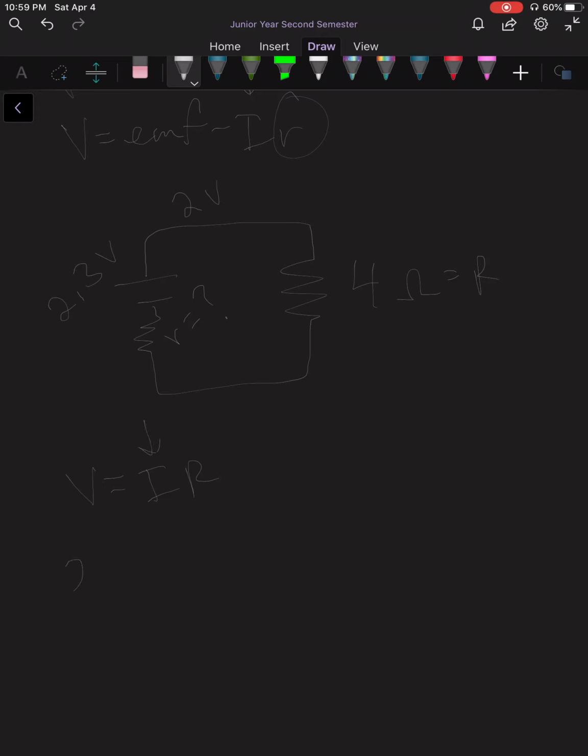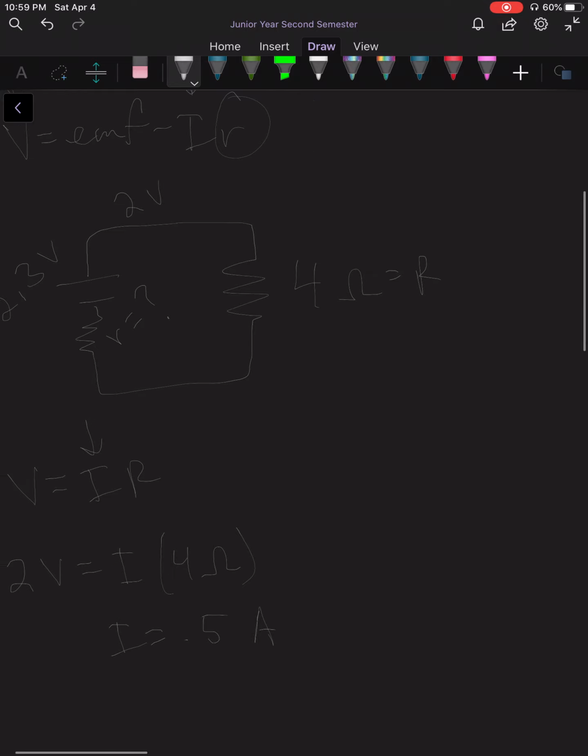So we're going to say that 2 volts is what's actually being supplied to the system, our terminal voltage. I is what we're looking for, and then R is equal to 4. So we find that I equals 0.5 amps. Okay, so that's going to become important in just a second. We're going to use that.